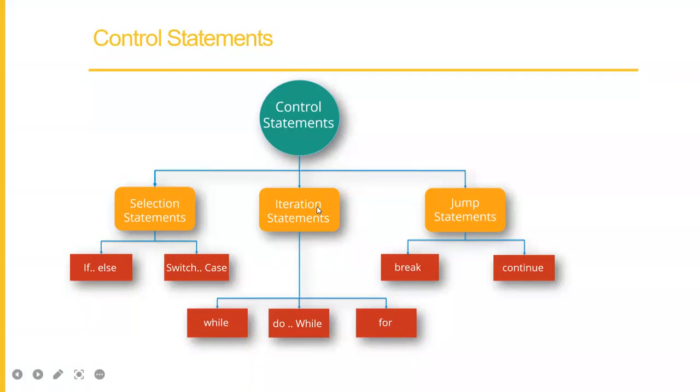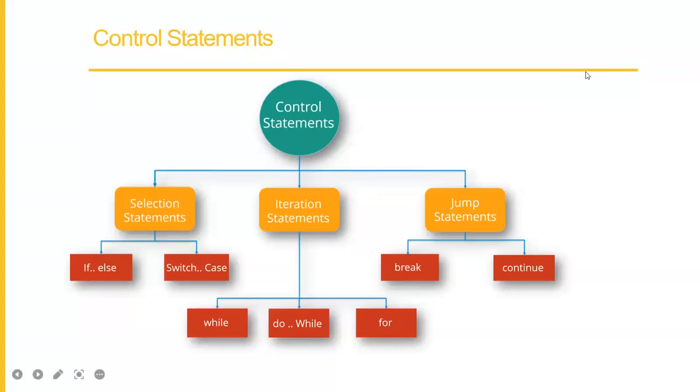We use looping statements when the same statement needs to be executed a number of times; in that we have while, do while, and for loop. And if, based on conditions, I need to break or continue, I should go for the jumping statement, or transfer statement.